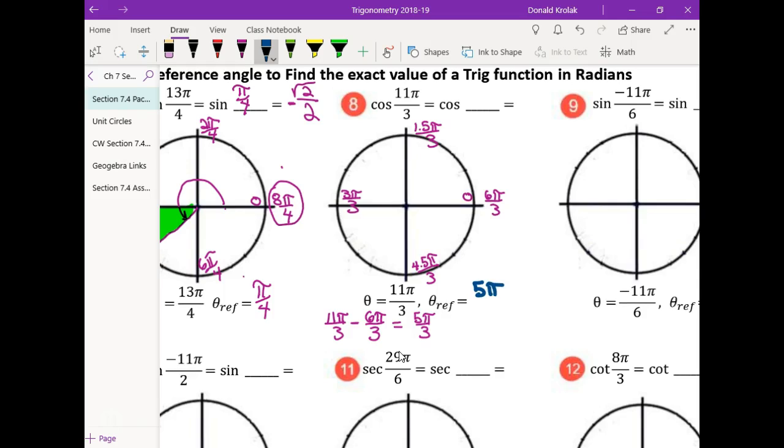Mm-hmm. And Julian, what's the reference angle? How far is it between these two?